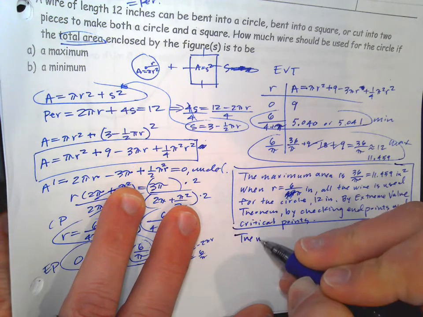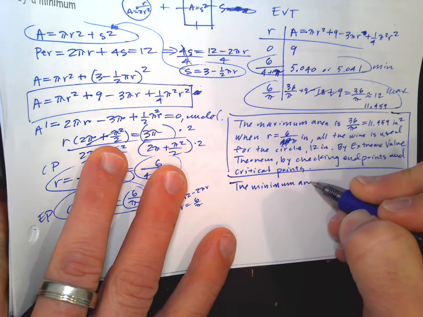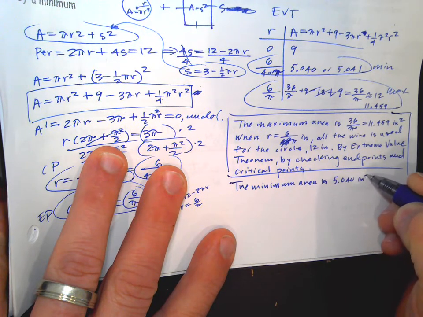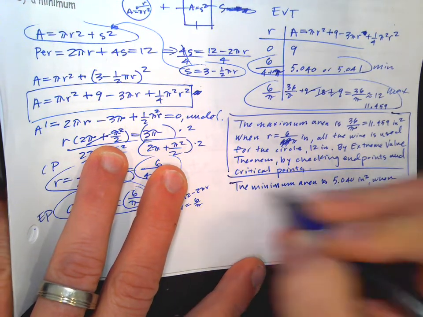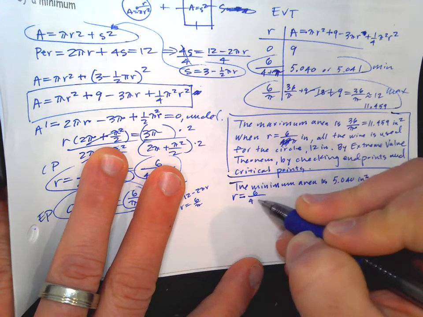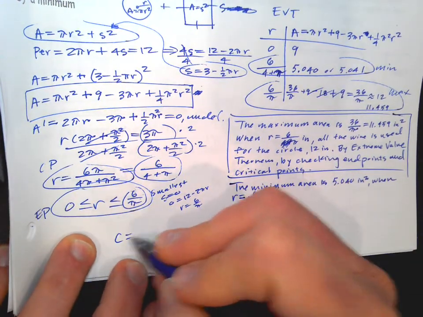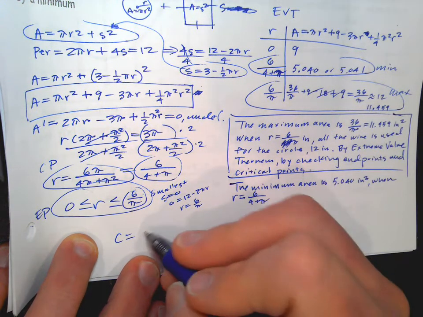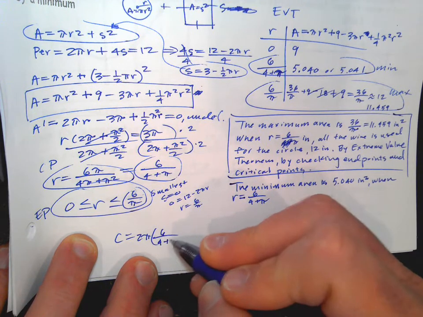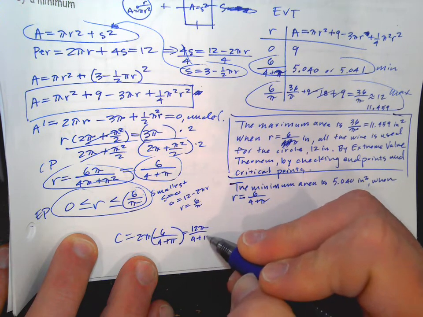Similarly, the minimum area is 5.040 inches squared when r equals 6 over 4 plus pi. Now, what's the circumference for that? The circumference, which is the amount of wire we're supposed to use for the circle, is 2 pi r. That's r. So it's going to be 12 pi over 4 plus pi, right?